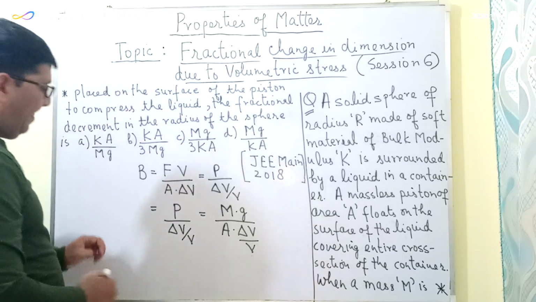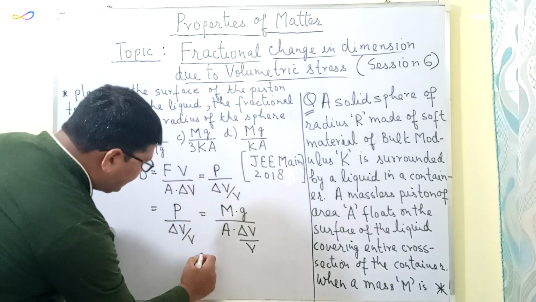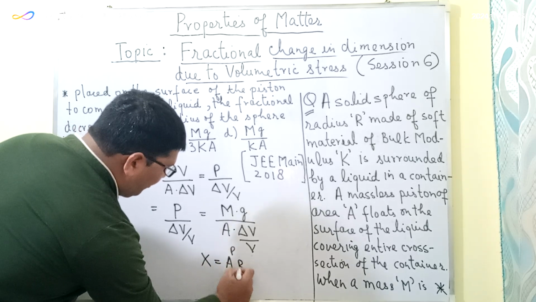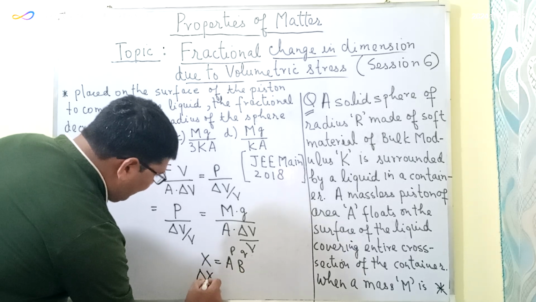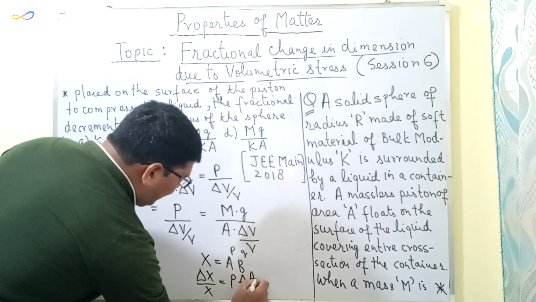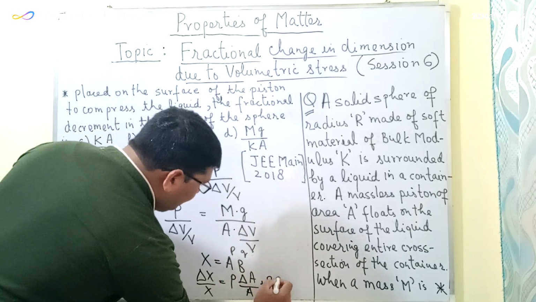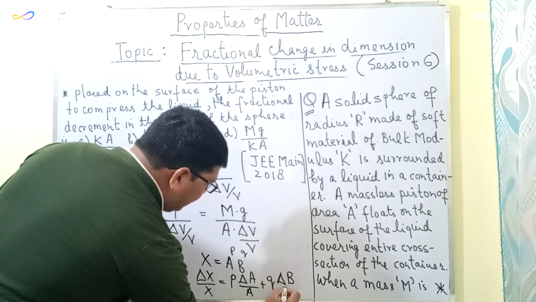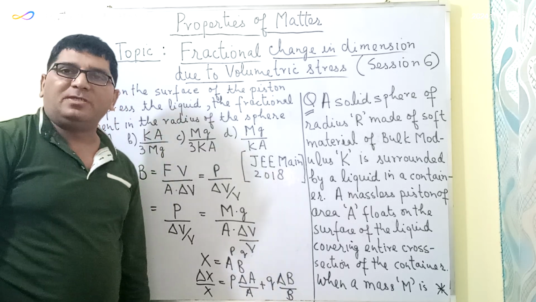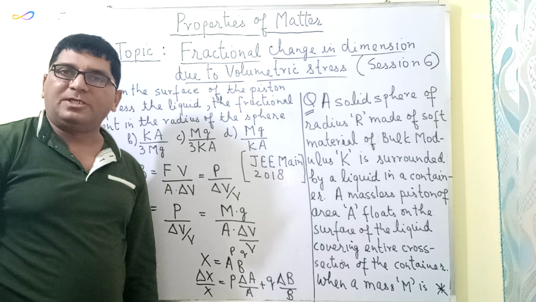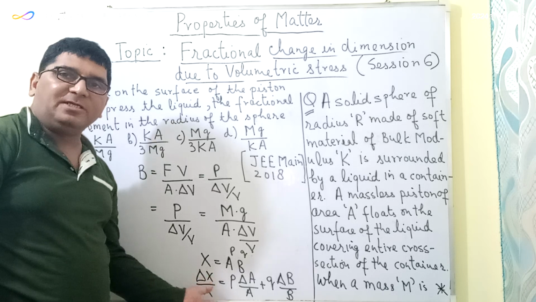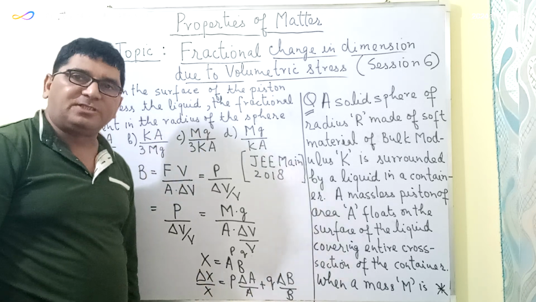Now we also know that if there is a physical quantity, say X, and X is equal to A to the power p and B to the power q, then delta X upon X is equal to p delta A upon A plus q delta B upon B. This is what we have learned in chapter number 1 of the class 11 syllabus, the chapter of units and measurement, under the topic of errors in measurement.